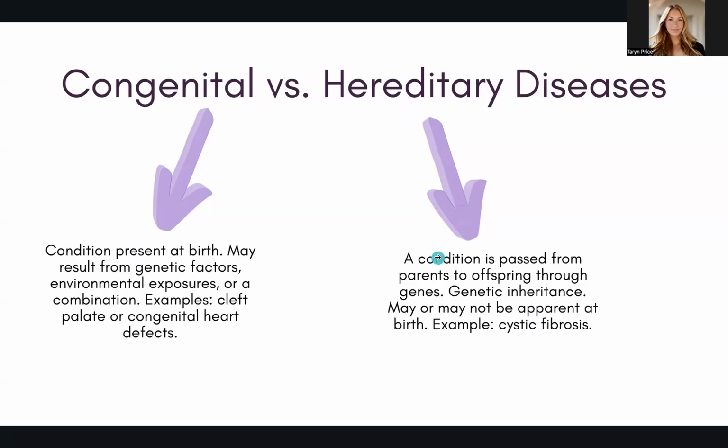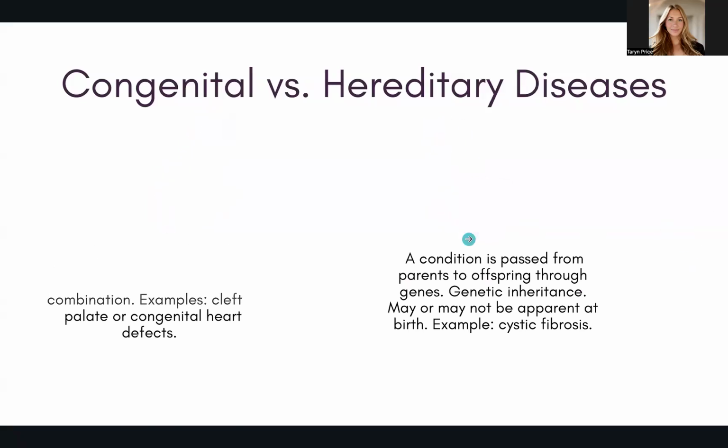Hereditary is specifically something passed down from parents to their kids through the genes. It's not relevant to things like environmental exposures. An example of this might be cystic fibrosis, and that's something we actually learn about and take a look at on X-ray when we talk about the respiratory system.